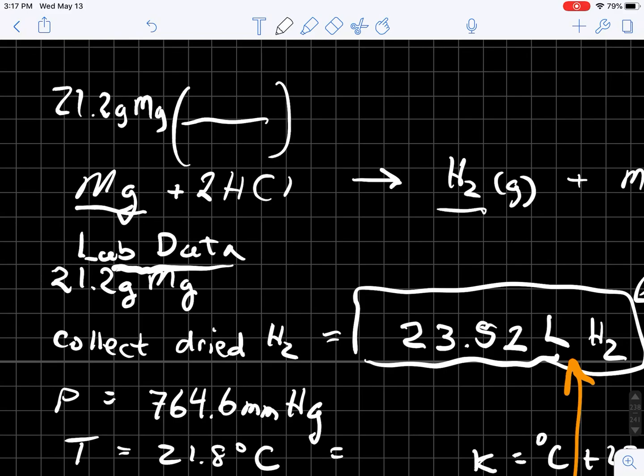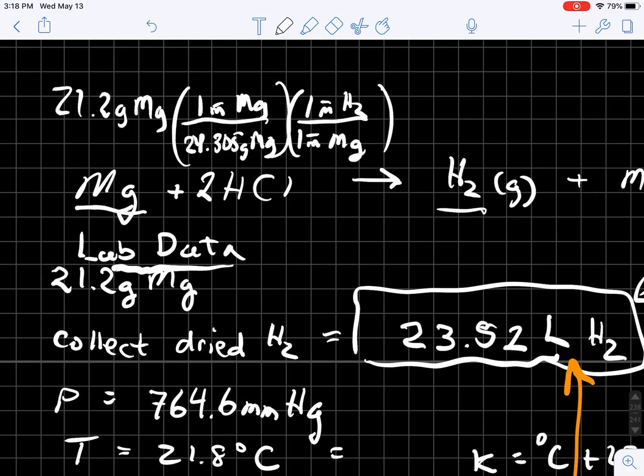And then I look up the mass of magnesium, which is 24.305 grams for every 1 mole. And according to the balanced equation, for 1 mole of magnesium, we produce, wow, I wrote mercury. For 1 mole of magnesium, we produce 1 mole of hydrogen.